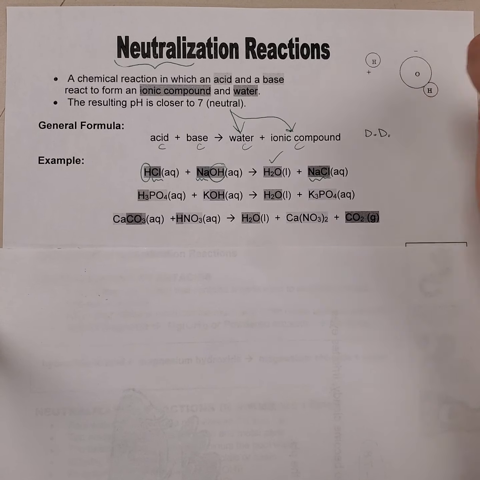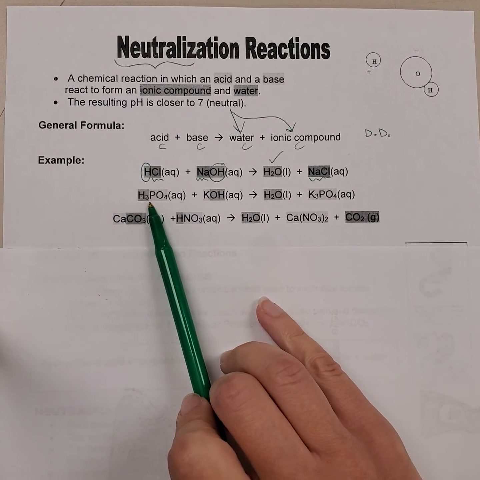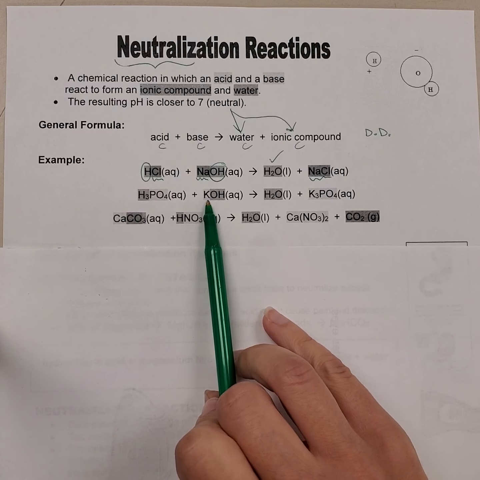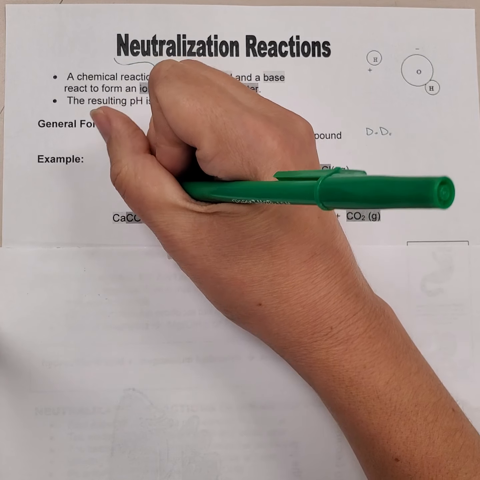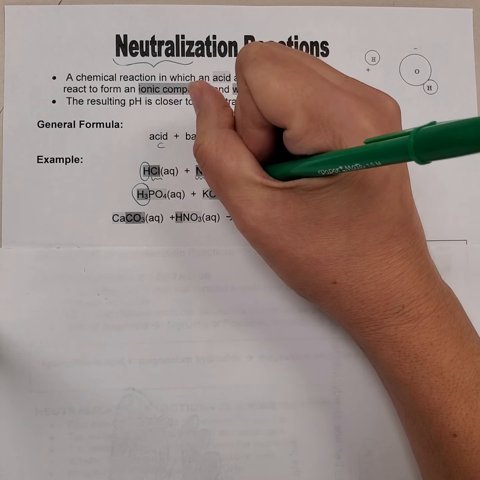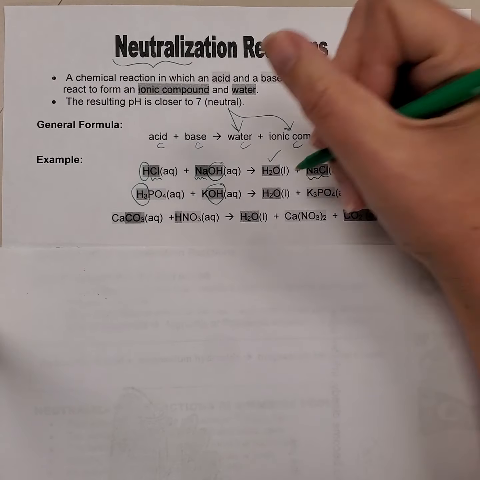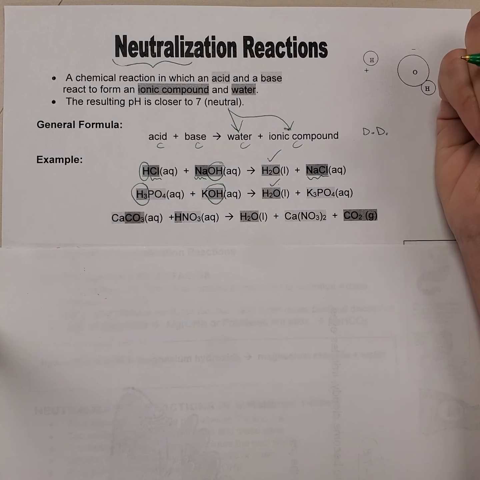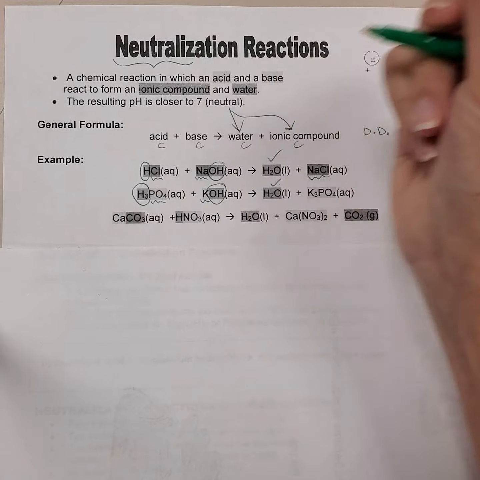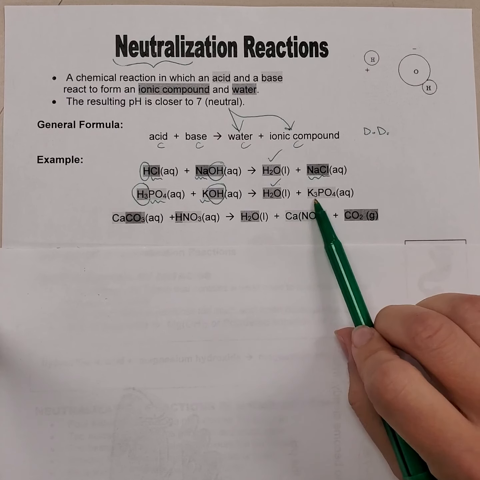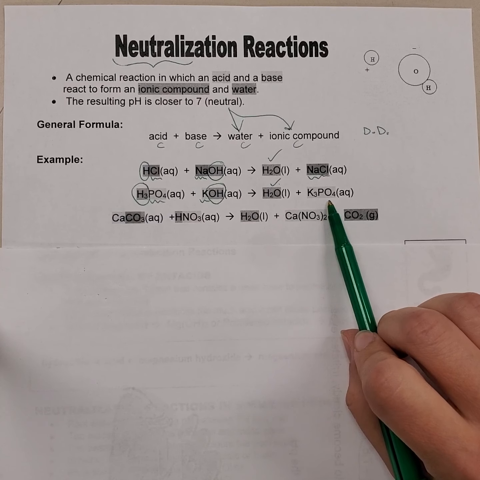Let's do another example. We've got phosphoric acid plus potassium hydroxide. Again, the hydrogen from the acid and the hydroxide from the base create the water, and what you're left with is potassium and phosphate, and that's what forms your ionic compound.